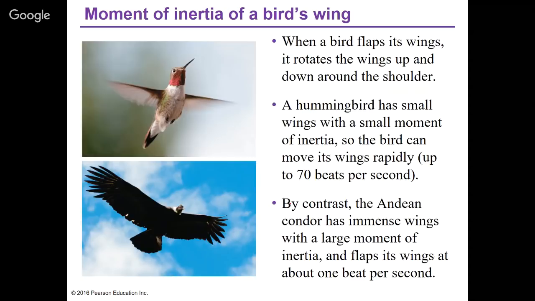Whereas a very large bird like this condor, with its wings extended, is 2 to 3 meters long and much heavier than a hummingbird, so it has a much greater moment of inertia. That's why these large birds can't flap their wings very rapidly. Typically that's around 1 beat per second, which is actually pretty fast for these large birds.